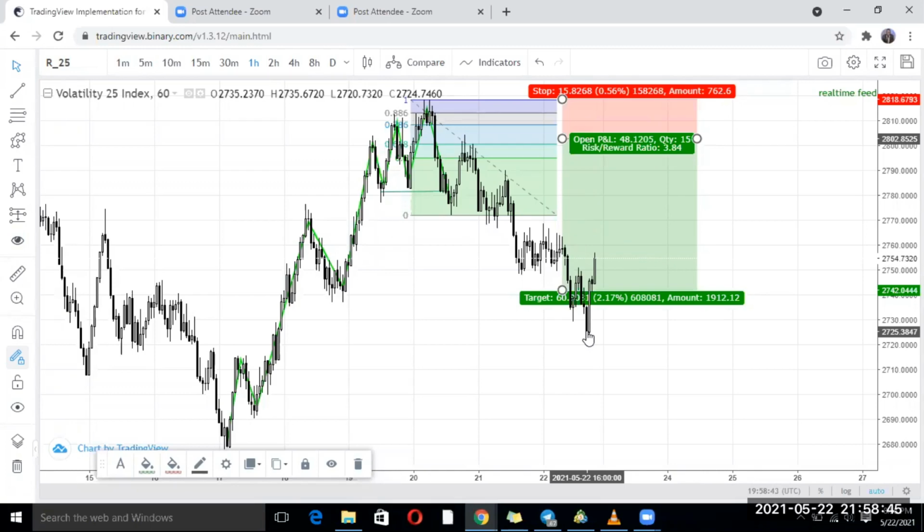If my D1 is giving me a buy structure, I'll be waiting for a buy movement on H1. So anytime I spot a buy on H1, I take my trade and I move. So that's trading the smart way, trading simple and beating the market makers. As easy as that.